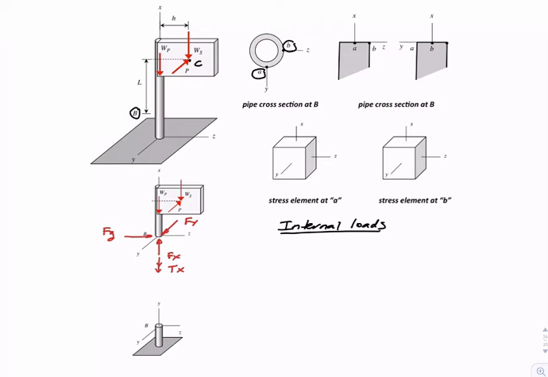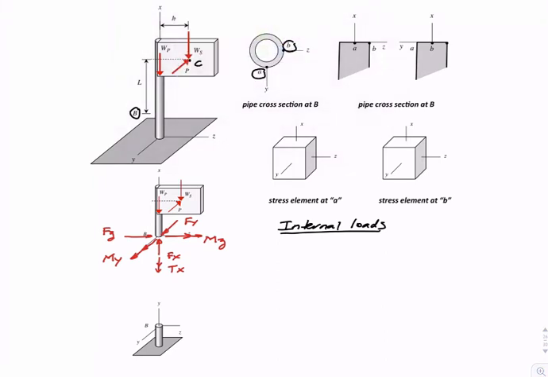I'll put a moment in the z direction. It's going to be a bending moment, so I'll call that Mz. And then I will have the bending moment about the y-axis, My. I don't know whether they're all going to be there or not, but we'll let equilibrium tell us that answer when we're done.